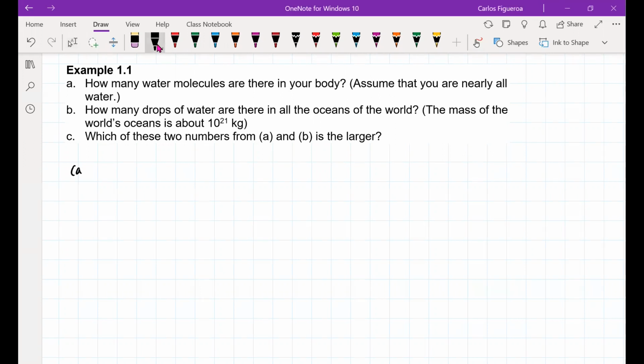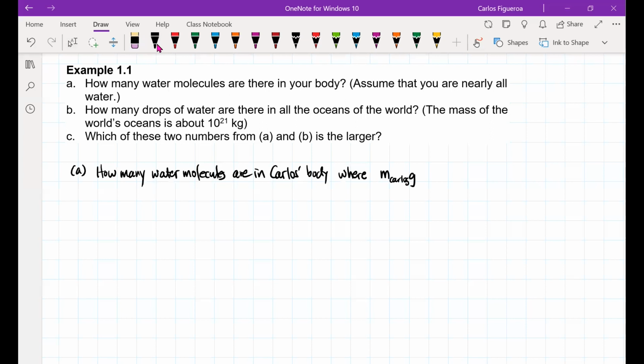So starting off with our first piece here, we're asking this question: how many water molecules are in Carlos's body, where the weight of Carlos, mass times g, is about 230 pounds.